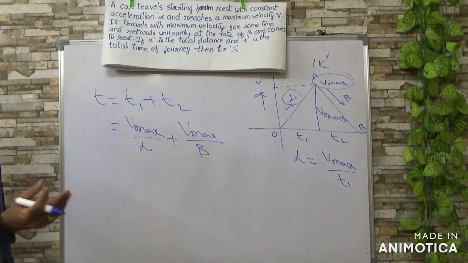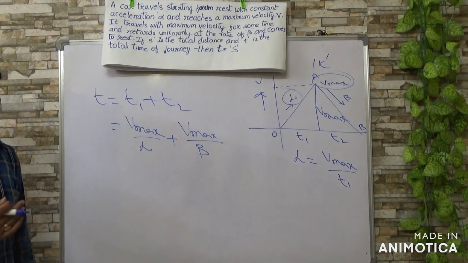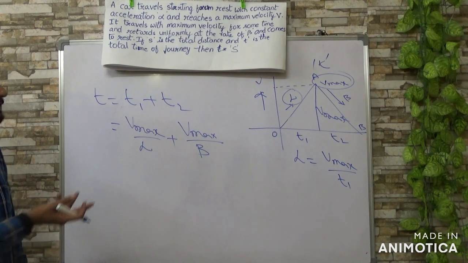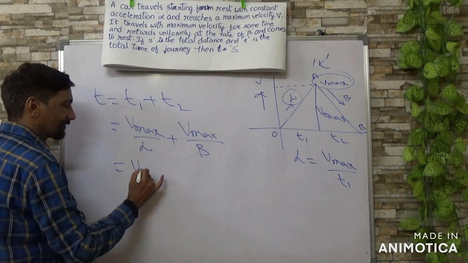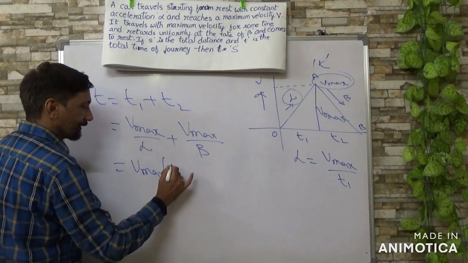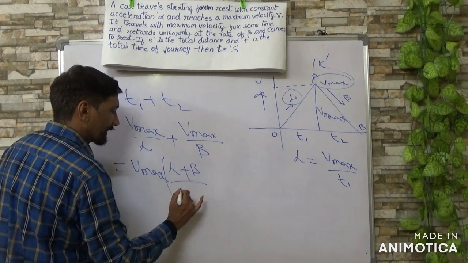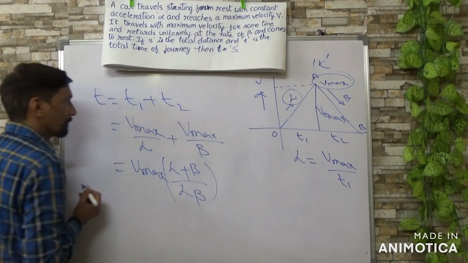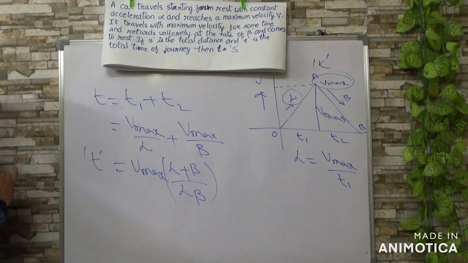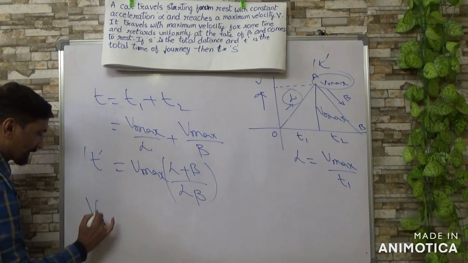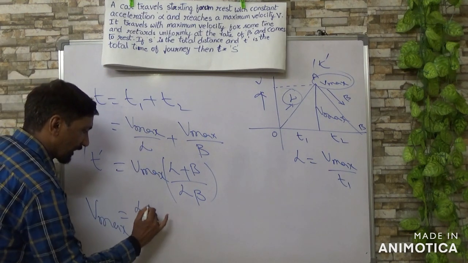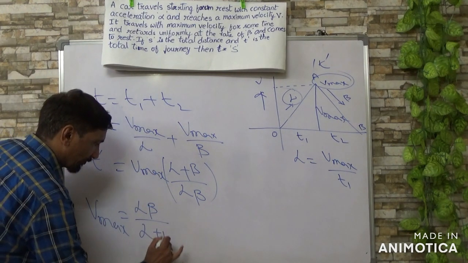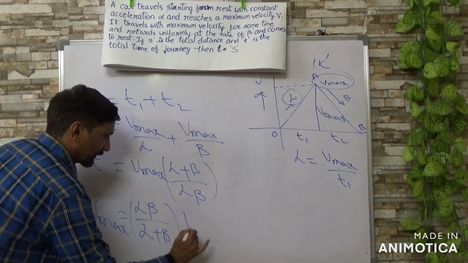Deceleration means negative acceleration, but time is a scalar quantity, so you need not take signs, right? So v max you can take common, then alpha plus beta by alpha beta is t. Okay, now v max becomes alpha beta by alpha plus beta into t.